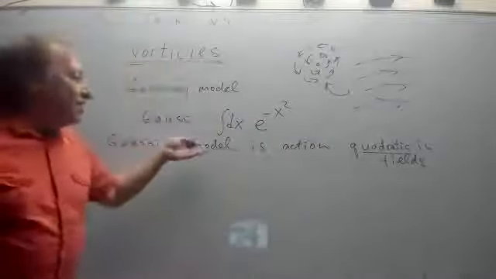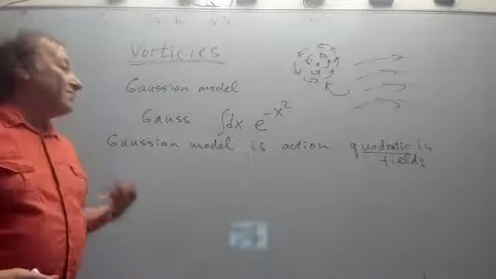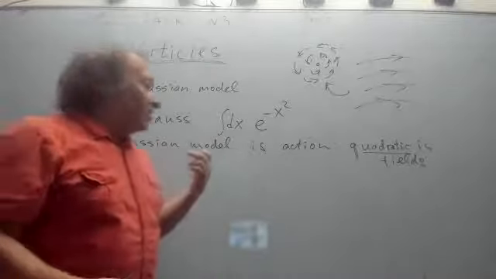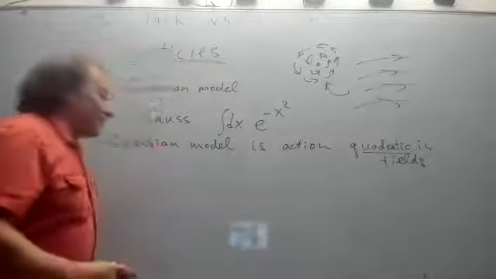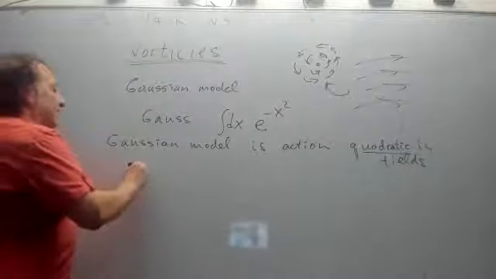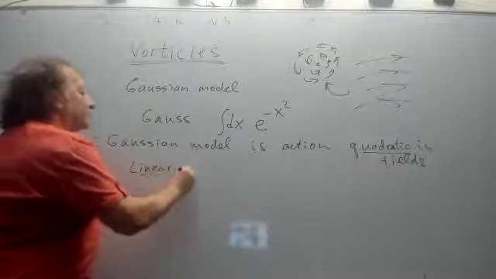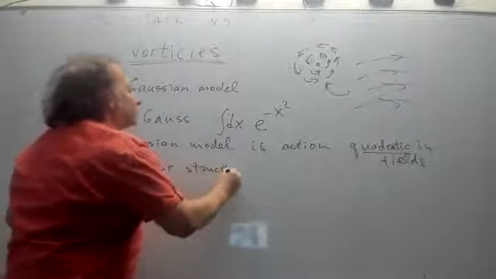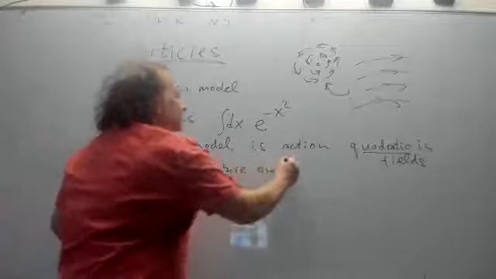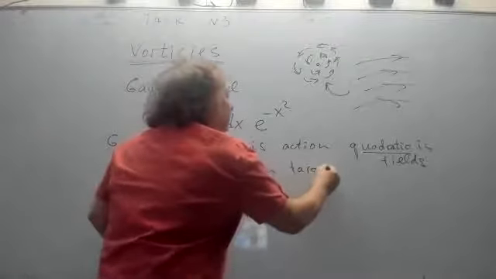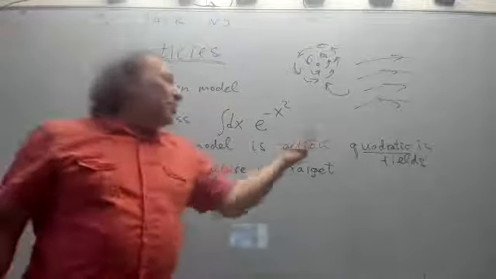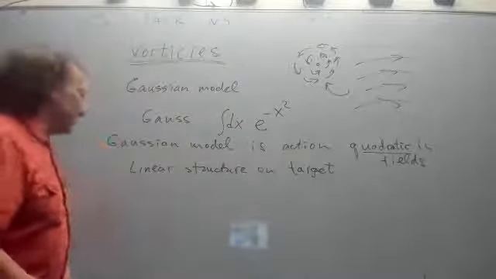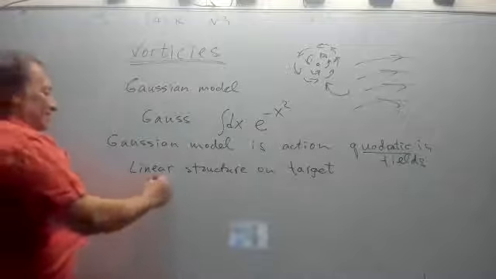You see, to be quadratic in fields, you need a notion of being quadratic. It means that you need a linear structure on the target. Otherwise, the notion of being quadratic is meaningless. So what has a linear structure on the target?